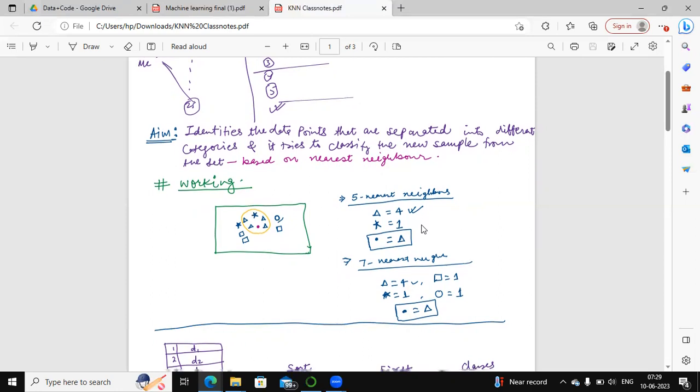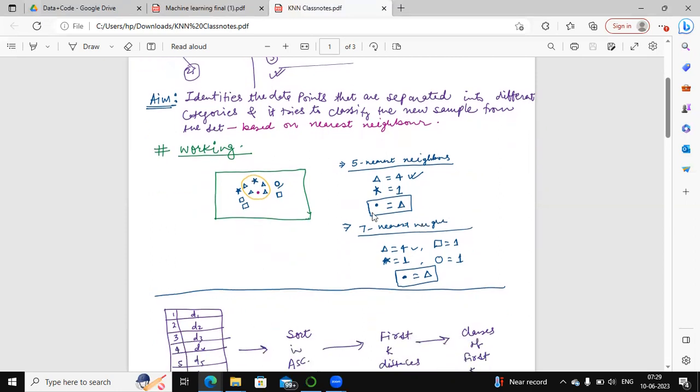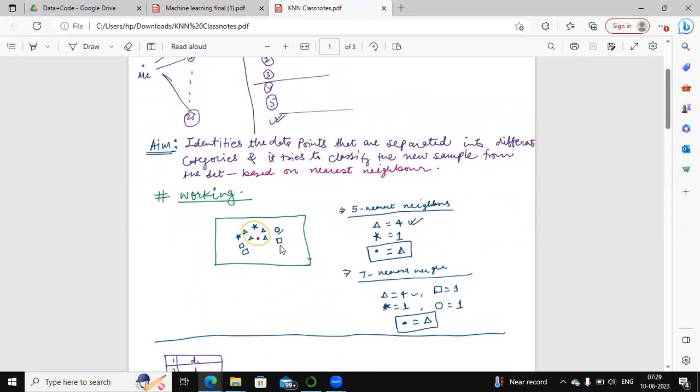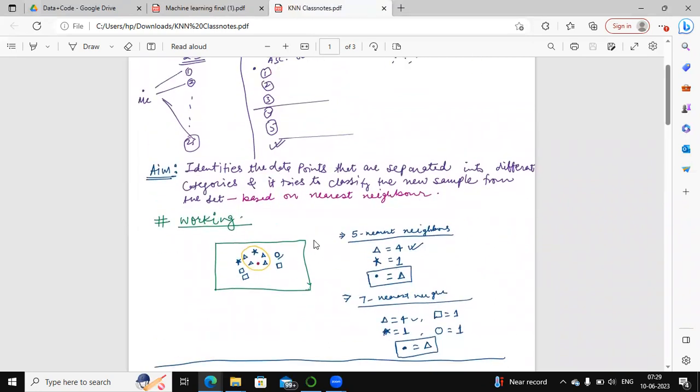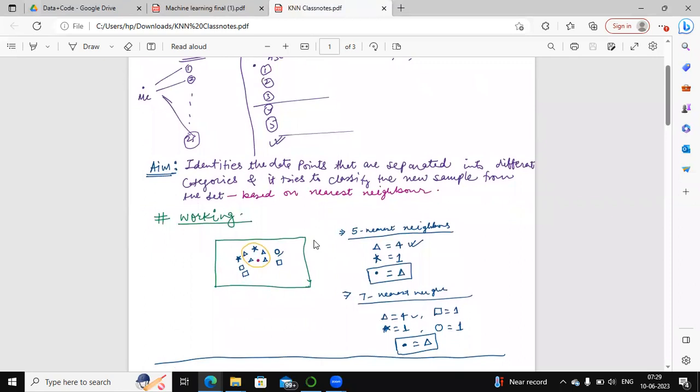Now let's say you want your k value to be 5. We have already taken k value as 5. Let's say k value 7. Then we check the 7 nearest distances in ascending order. The 7 nearest to this unknown point are 1, 2, 3, 4, this one is 5, this one is 6, and this one is 7.